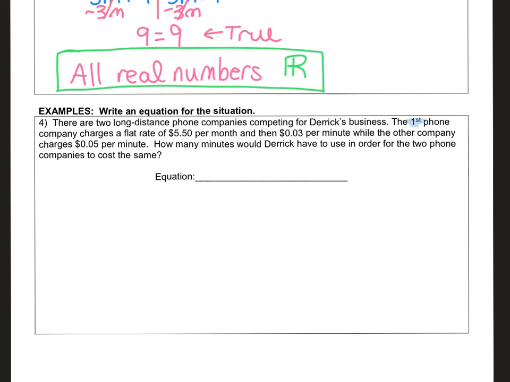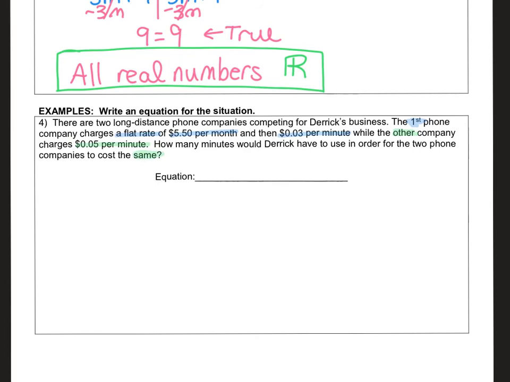The first phone company charges a flat rate of $5.50 per month and then 3 cents per minute, while the other company charges 5 cents per minute, no flat rate. How many minutes would Derek have to use in order for the two phone companies to cost the same? That means to be equal.